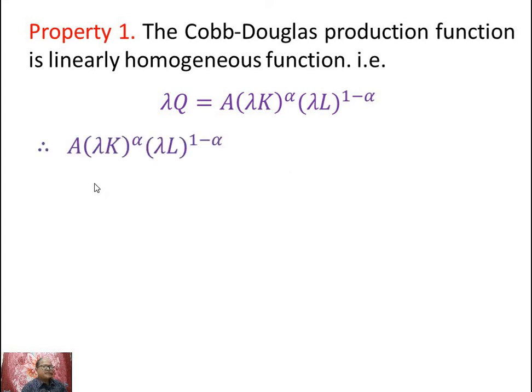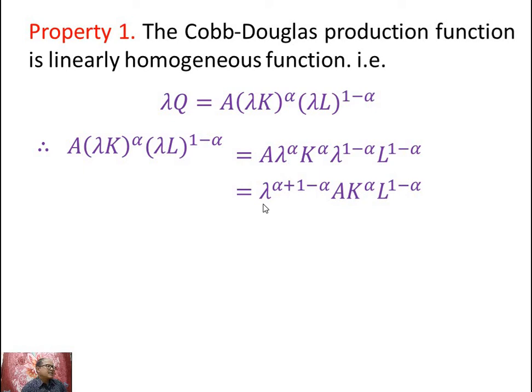Now, the right hand side, that is A (λK)^α (λL)^(1−α), after removing the brackets we get A λ^α K^α λ^(1−α) L^(1−α).